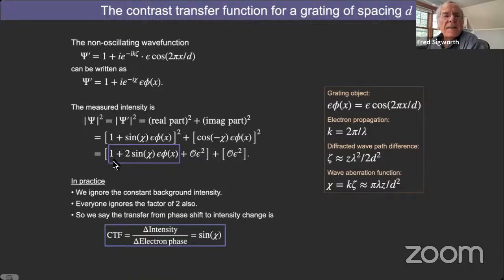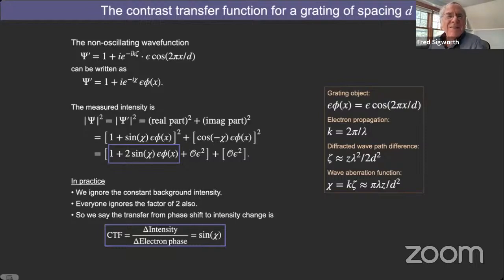So we just say, okay, the intensity under the weak phase approximation is just going to look like this. We're going to ignore this one, that just says that's the constant background intensity. And so the intensity is going to change with this sine chi multiplier. People also throw away the factor 2 for some reason.